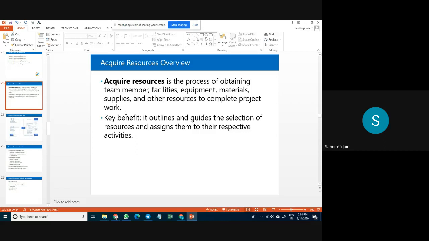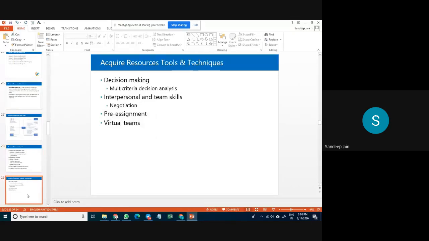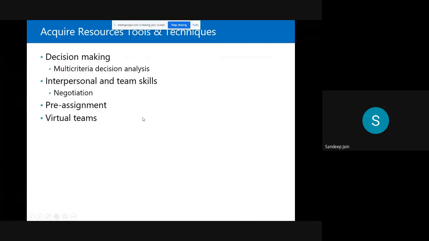So if you're talking about manpower, then you are hiring people, and if you are talking about material resources, then you are talking about vendors to supply them. Okay. And tools and techniques. One second, I'll go to the next projection mode.